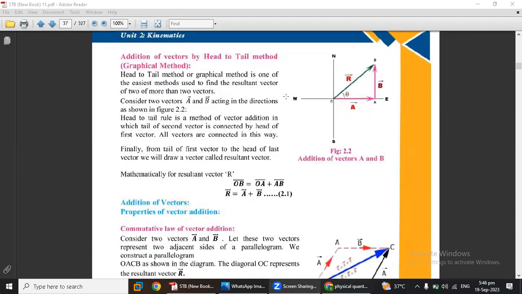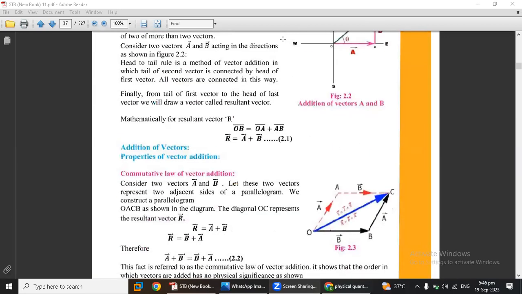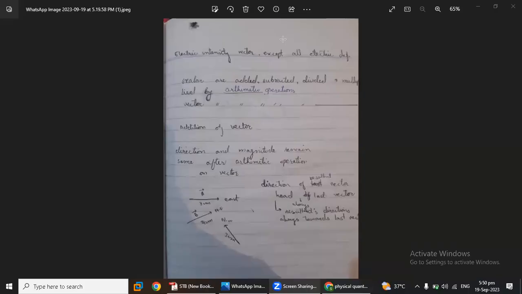Now we'll be understanding addition of two vectors and why it is commutative, associative, and so on. Actually I'm recording this some time after that video.